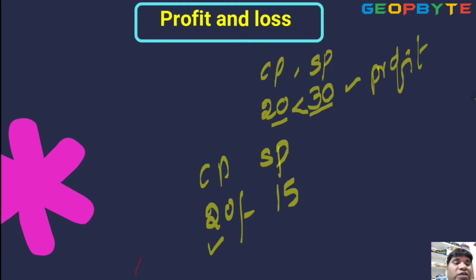Your investment is 20, you sold at 15 rupees, so you got a loss. Concept-wise, cost price is greater than selling price, then we get loss.